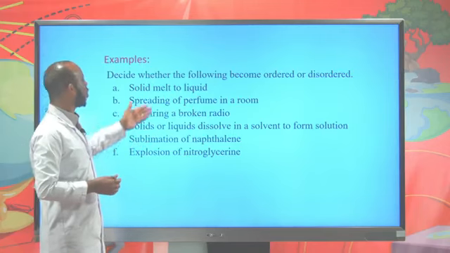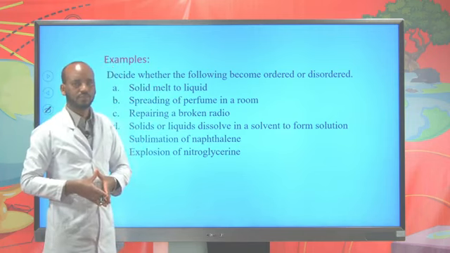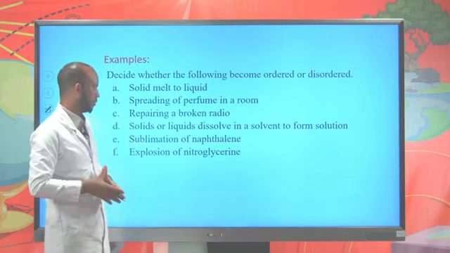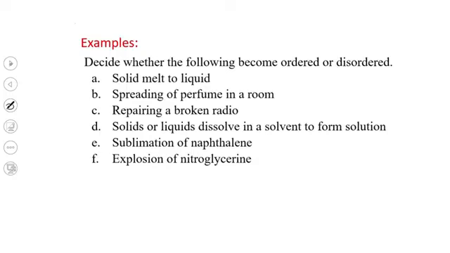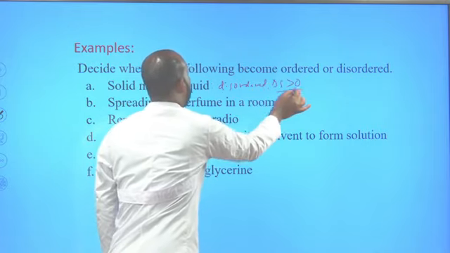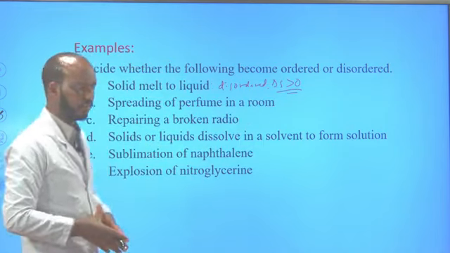A. Solids melt to liquid. This process is disordered. Therefore, change in entropy delta S is greater than 0. The sign of delta S is positive.